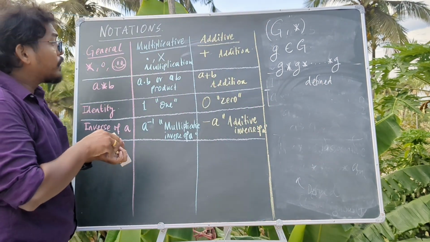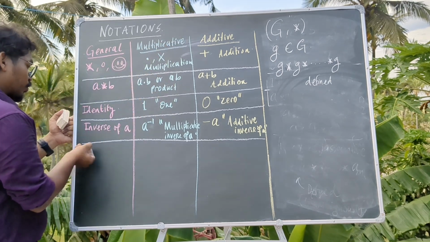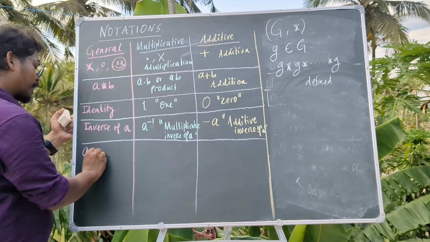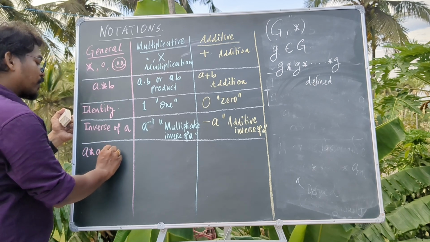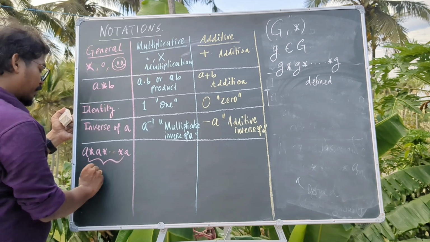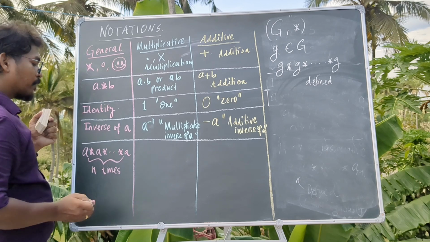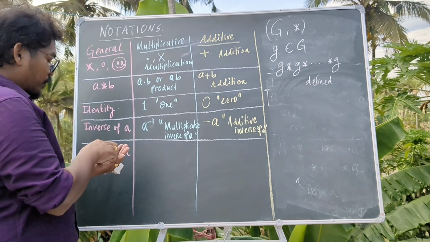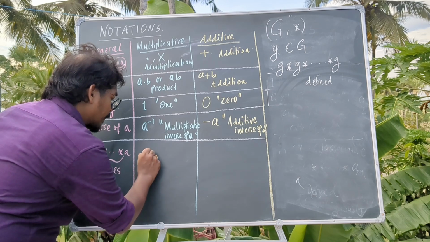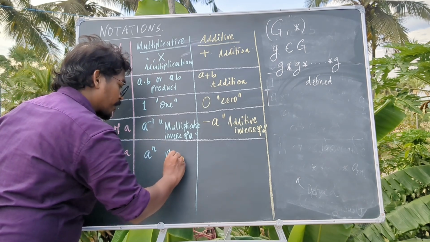So this one has a special symbol in multiplicative notation and additive notation. Suppose we have A star A star A, these are n times A, n times. For this we have a happy little symbol, that is A to the power n, and it is power.